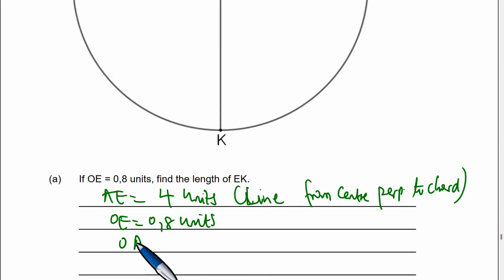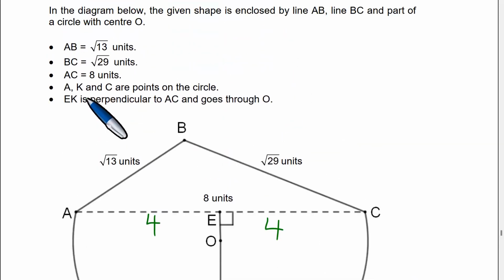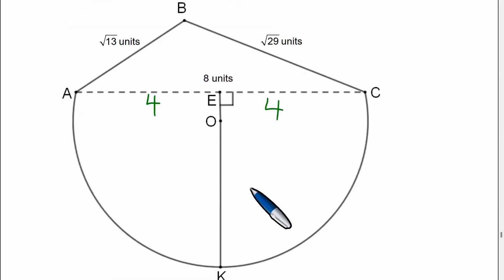What about OA? If you look at OA, you can use Pythagoras. This is 90 degrees. This is 0.8, and this is 4.